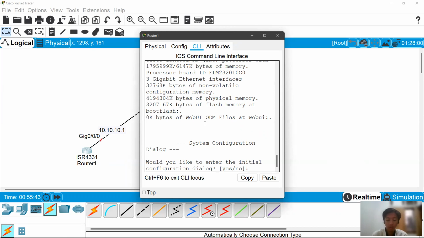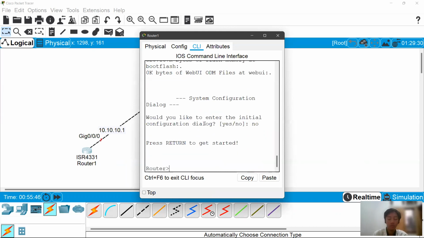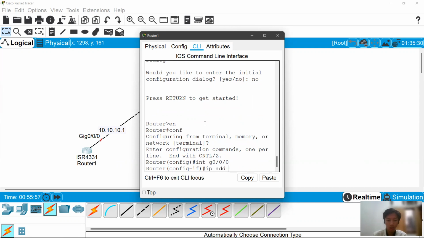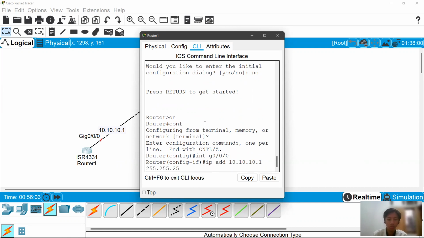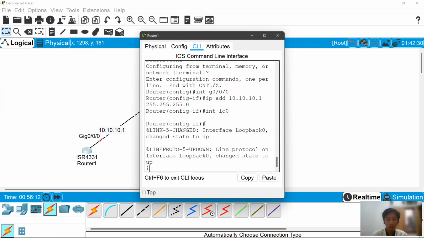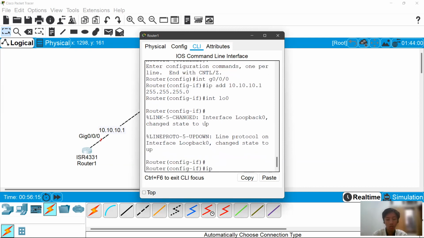So, no shutdown. IP address. Check technology.